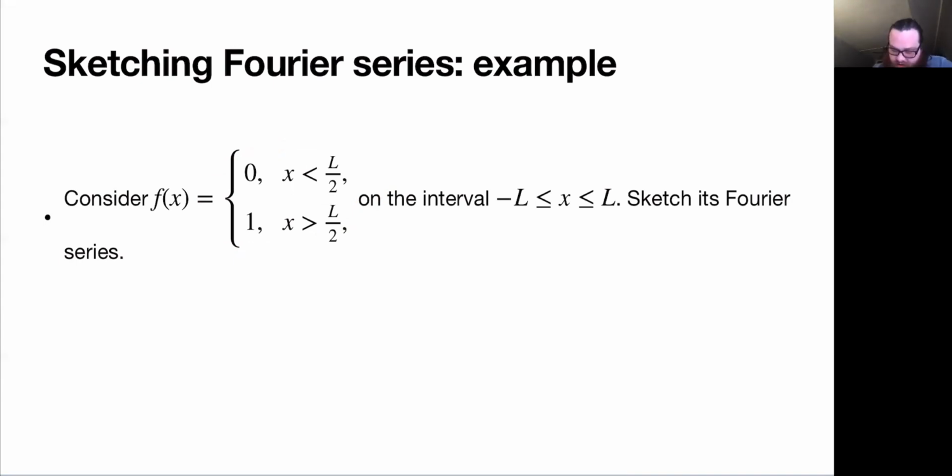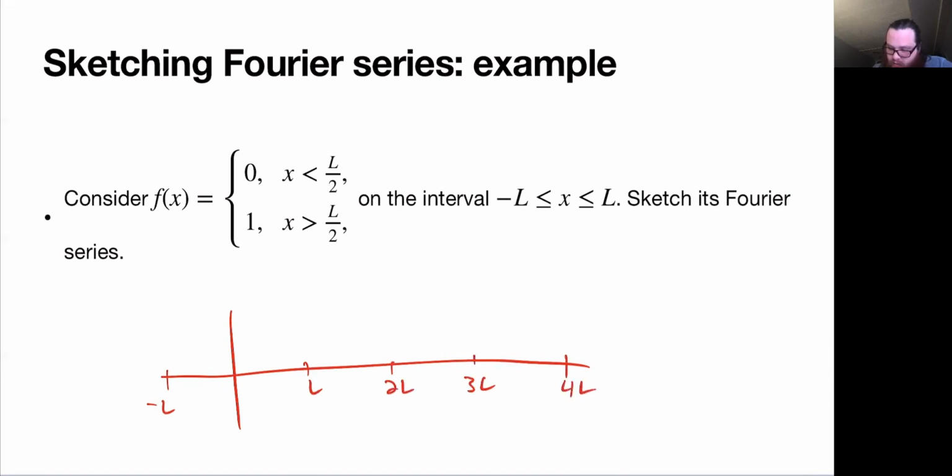Okay, but let's go ahead and sketch this. So same axes, negative L, L, 2L, 3L, 4L, and then we should go out to 5L. So what does the function look like? Well, let's figure out where L over 2 is.